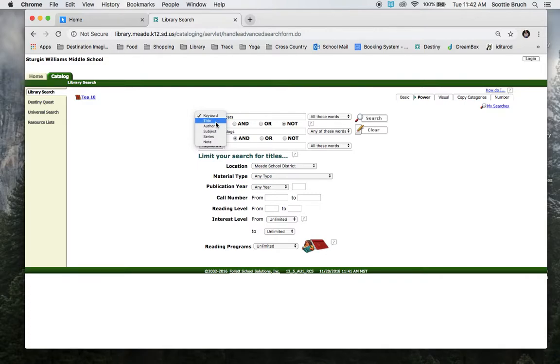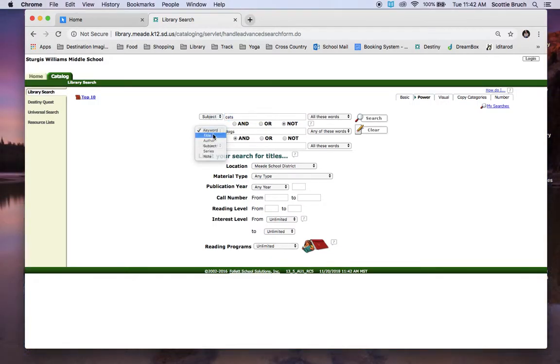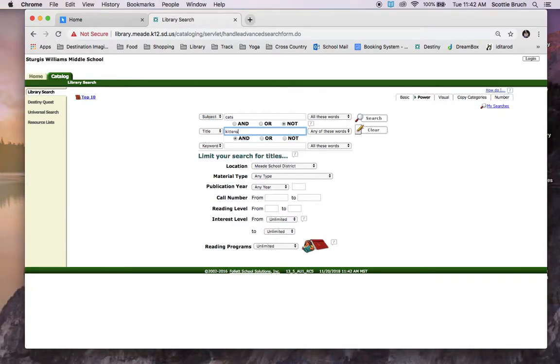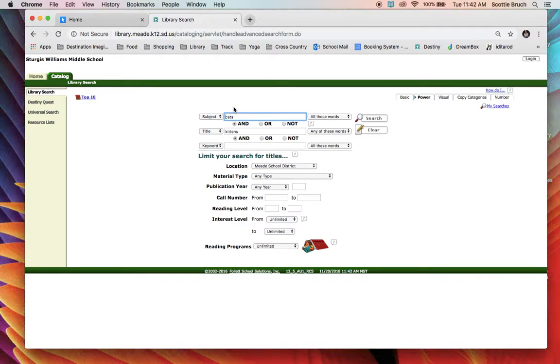You could also say I want a book where the subject is cats, and I want a certain word to be in the title. I don't know, maybe kittens has to be in the title. And you would say and, and then search. So this gives you a few more options, and this is really beneficial if you are doing research, and you're going to need a nonfiction book.